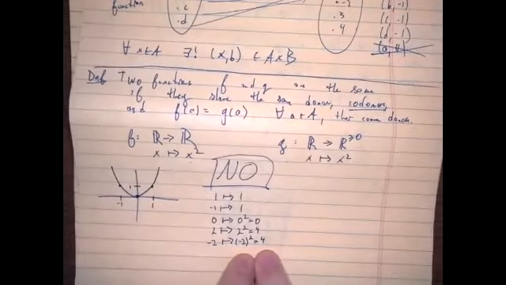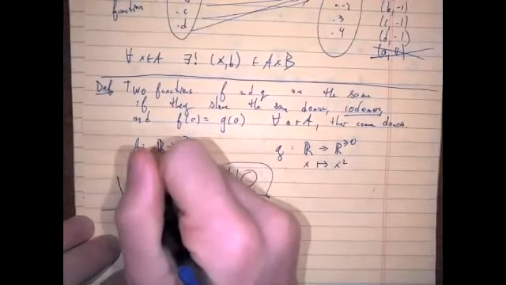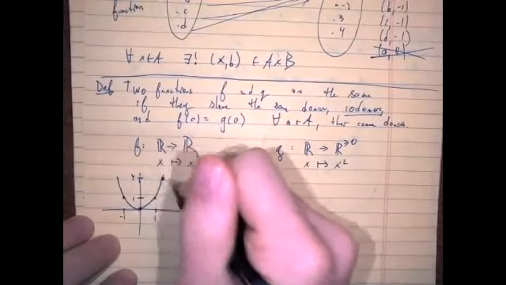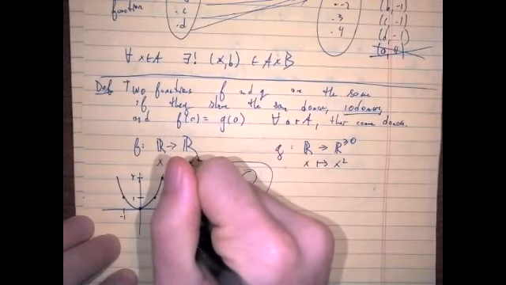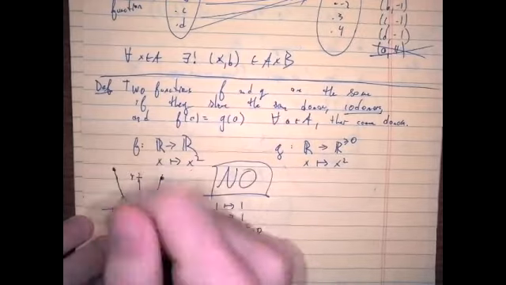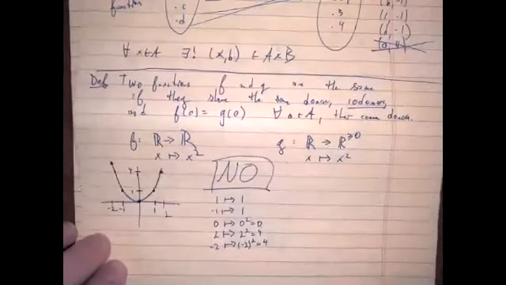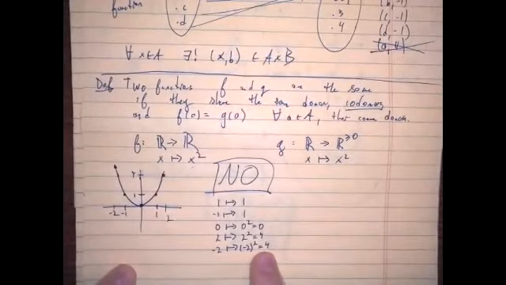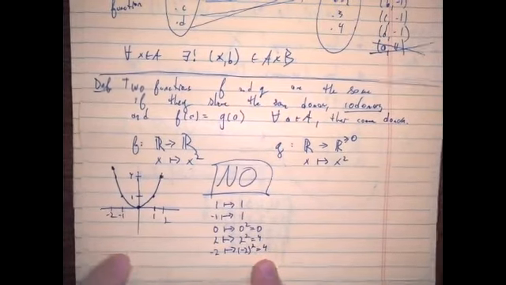So something does hit 4. Actually, two things hit 4. This is a terrible drawing. Okay. So 4 is also inside the range of this function.